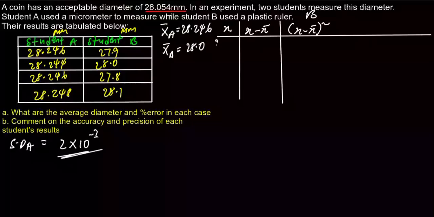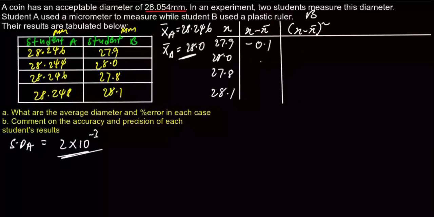We have 27.9, 28.0, 27.8, and 28.1. So x minus x bar for student B gives me minus 0.1, 0, minus 0.2, and here we have 0.1. If you take the square, you have 0.01, 0.04, and this one will give me 0.01. You have to be fast because of the exam.